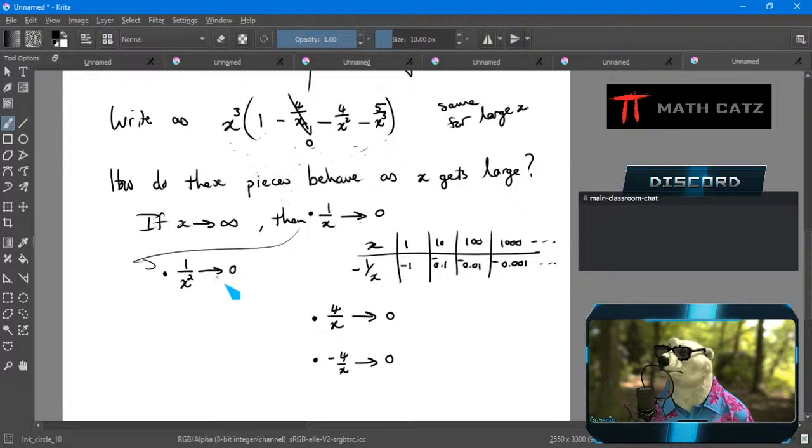Now, this arrow doesn't indicate speed, it's just which direction is it going, how does it behave. So is everyone happy that 1 over x squared will get smaller and smaller to 0, really as close as I want, if x is just big enough? Is everyone happy with that? Now, these are key things that are going to come up over and over and over.